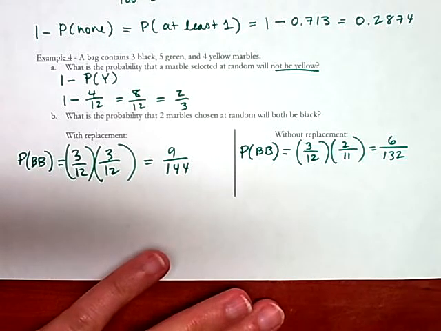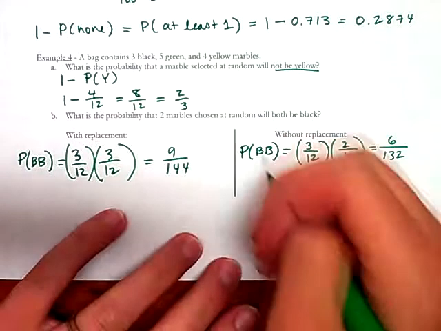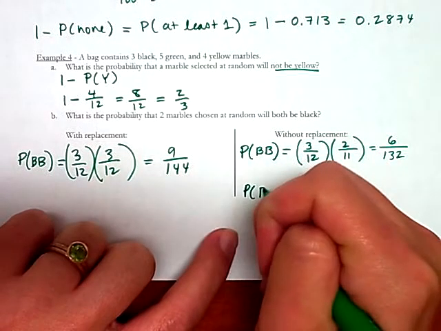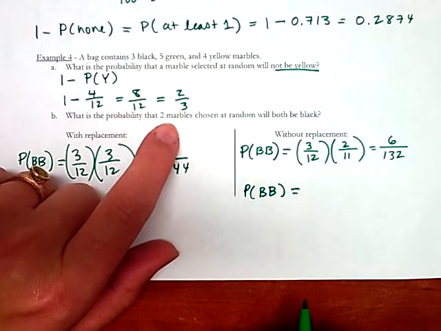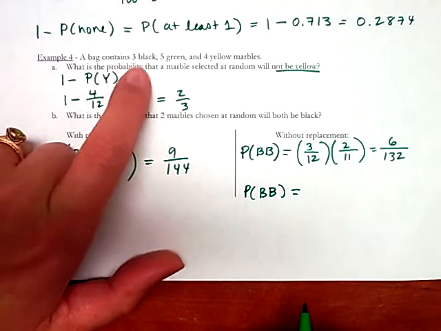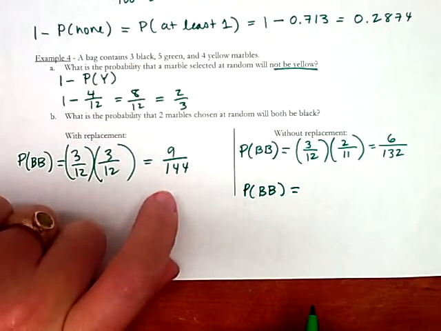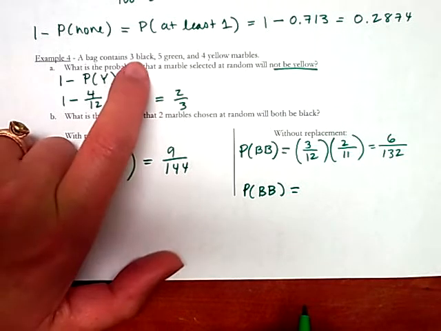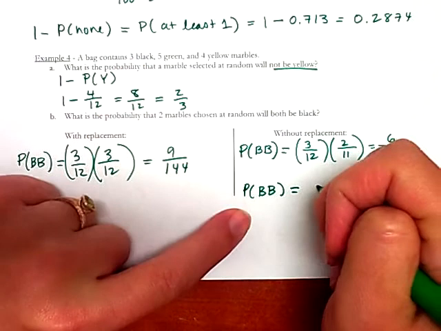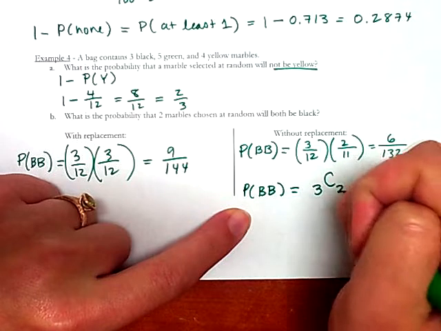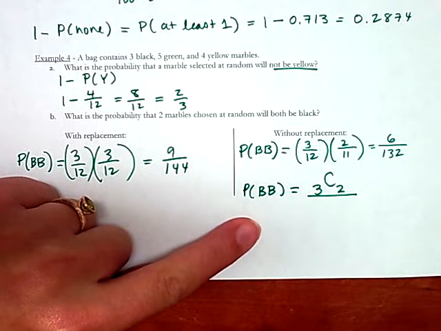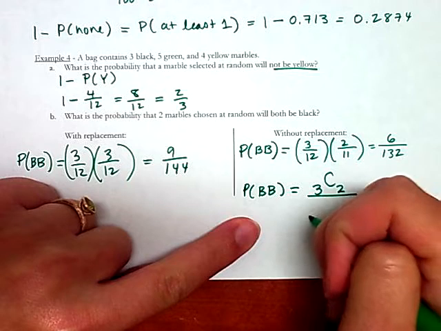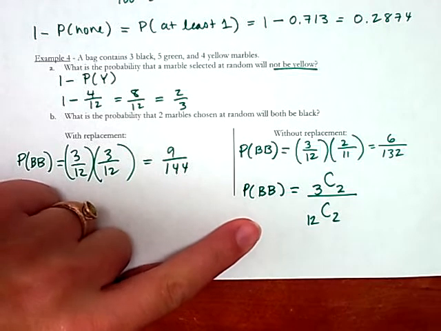Another way is to think about this as a combination. The probability of both black should be, well, I'm choosing 2 marbles out of 3 black ones, to ensure that they're black. It would be 3 total black marbles, choosing 2 of them. So that's 3C2 divided by all the ways there are to pick 2 marbles out of the total number of marbles, which is 12C2.